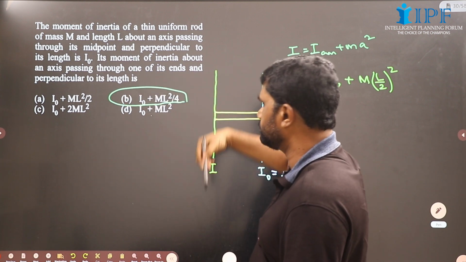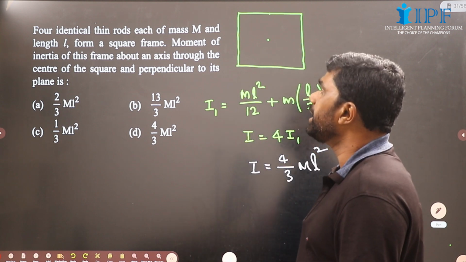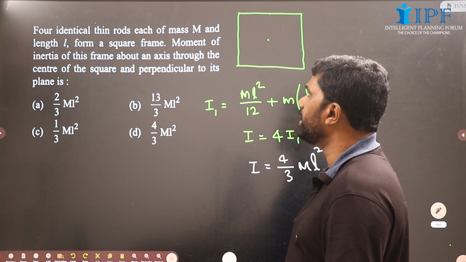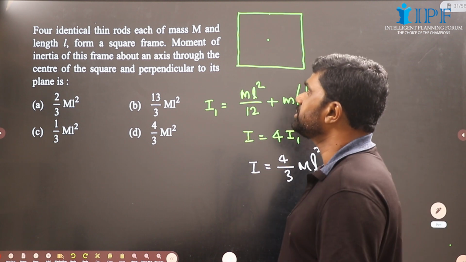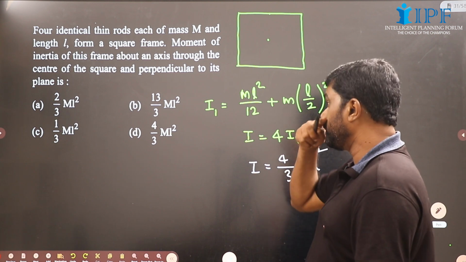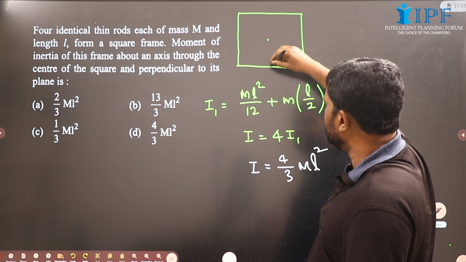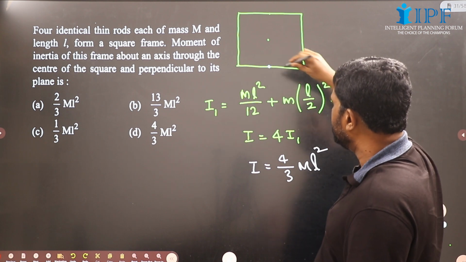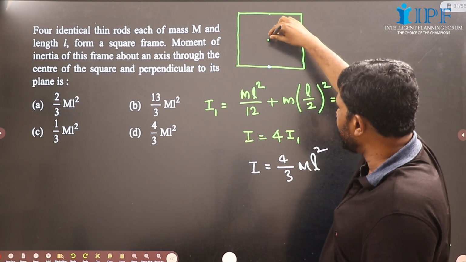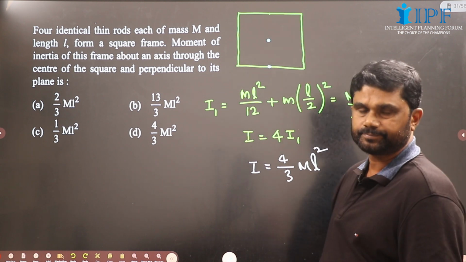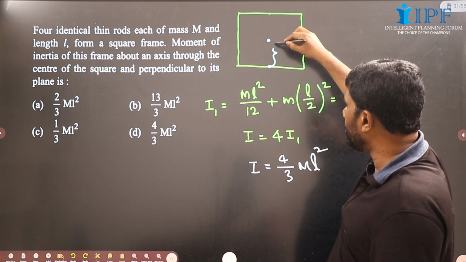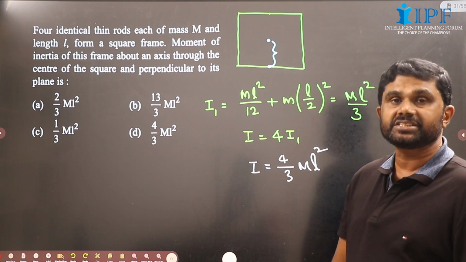Next, 4 identical thin rods, each of mass M and length L, form a square frame. The moment of inertia of this frame about an axis through the center of the square and perpendicular to its plane is? See, the moment of inertia of this rod about an axis passing through its center is m L square by 12, and about this axis, it will be m L square by 12 plus m into the square of this distance, and that distance is L by 2.